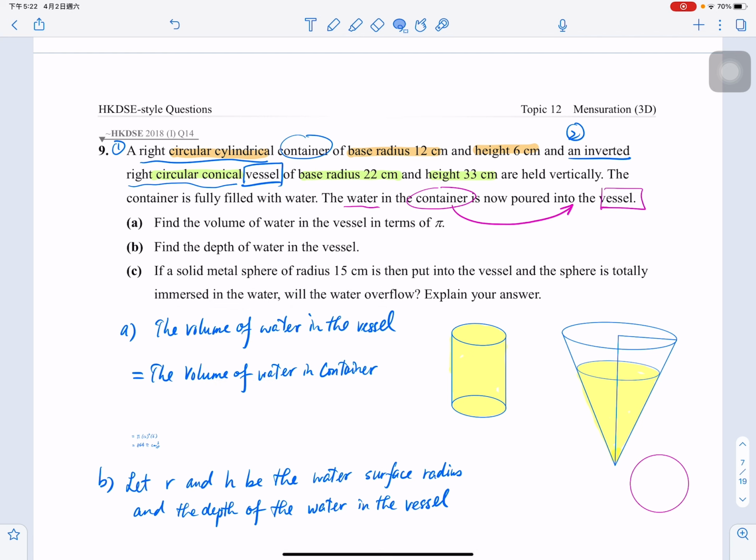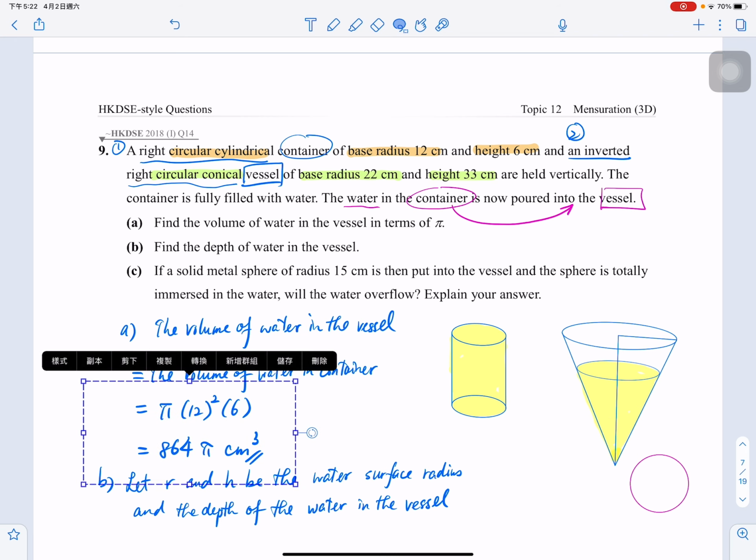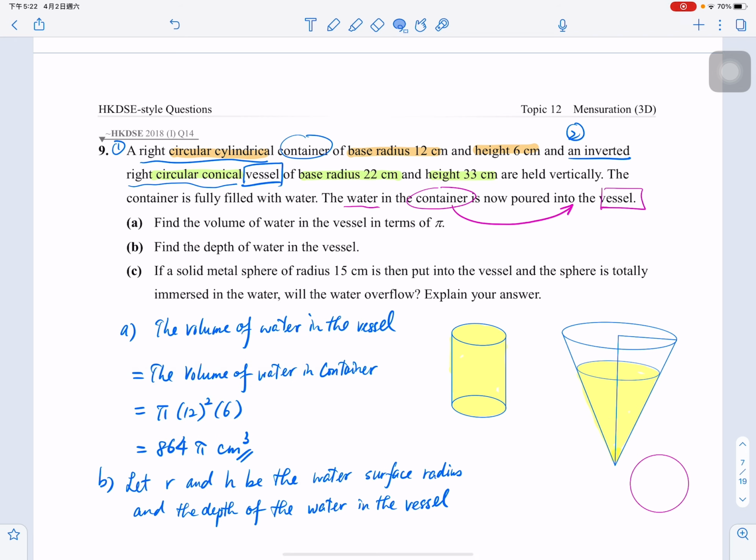You know that here r is 12, h is 6, so pi r square h, that means this. So as a result, pi 12 square 6, 864 pi cm cube. Again, remember the unit cm cube. So now this one is 864 pi.